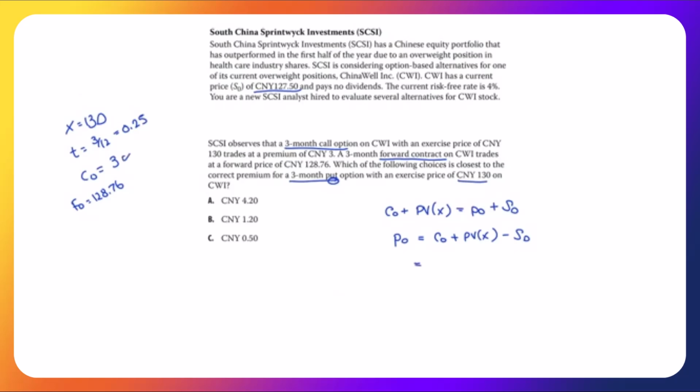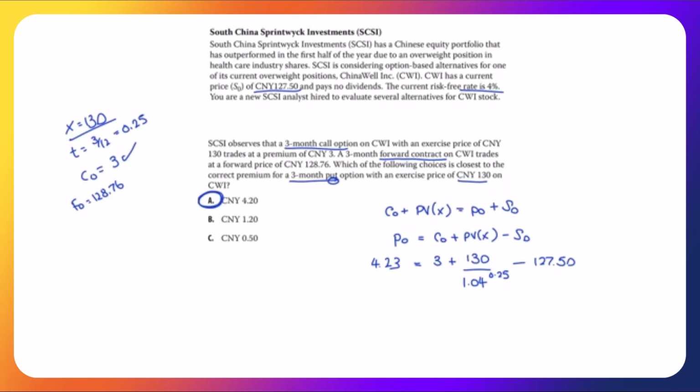Correct price is therefore the call premium of 3, PVX, strike is 130, discounted at the risk-free rate, just given 4%, so 1.04 to the power 0.25, 3 months, minus S0, 127.50. That will give us a correct price for the put of 4.23. 4.23 is closest to A.